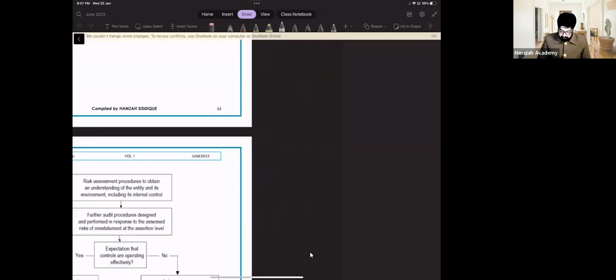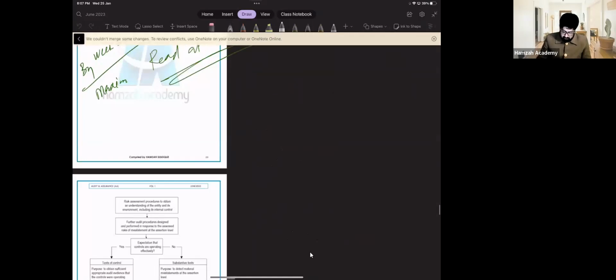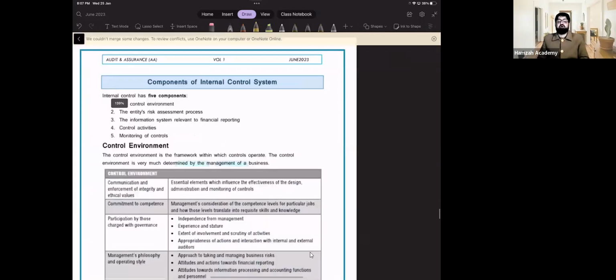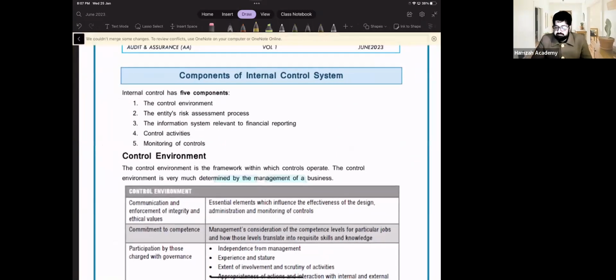Come to the notes. So I have talked about it already. So components of control system. What is meant by components? Basically, the auditor is understanding these components of the company. The first step, which I told you, out of 4. So in any company, there are 5 components of control. Control environment, risk assessment, information system, control activity, and monitoring.